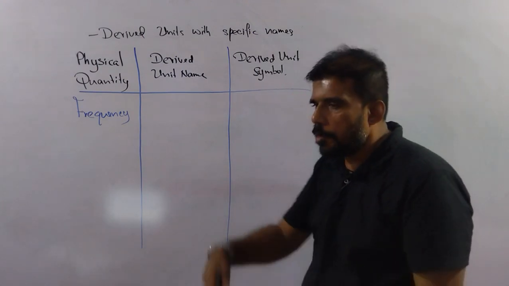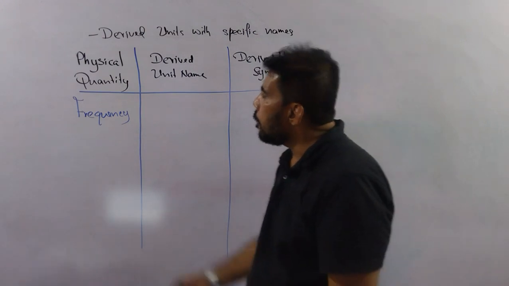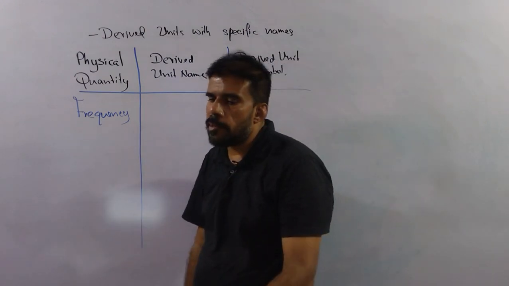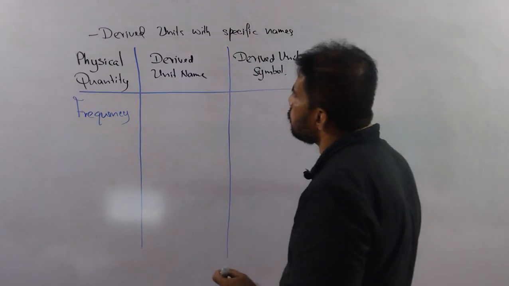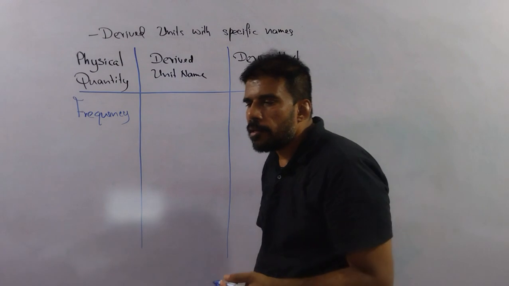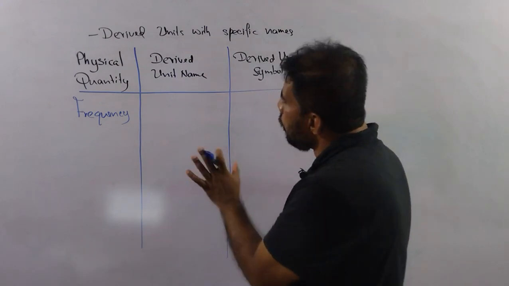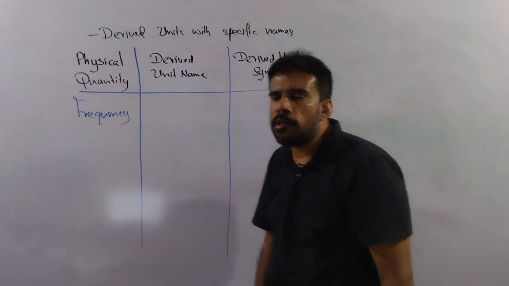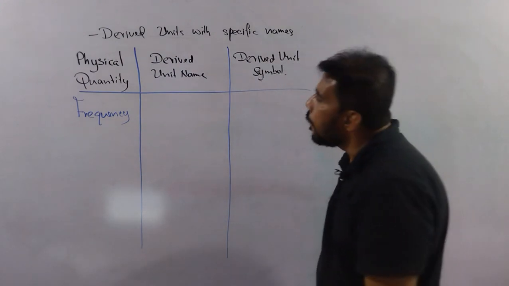When we get to that particular unit, you will get a deeper understanding of what frequency means. It's simply 1 over second, but later on we will discuss those things. Here I am giving you an introduction to units with specific names.